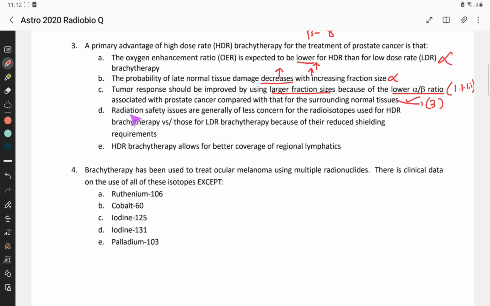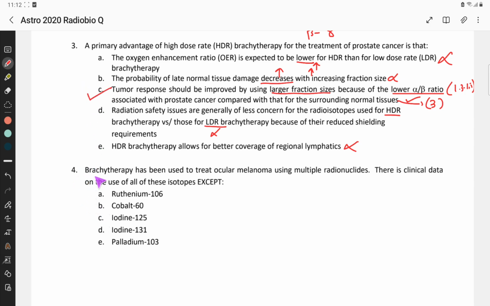Option D, radiation safety issues are generally less of a concern for HDR versus those for LDR. This is also wrong because LDR requires less shielding than the HDR. Option E, HDR brachytherapy allows for better coverage of regional lymph nodes. That is also wrong. So the correct answer over here is C.